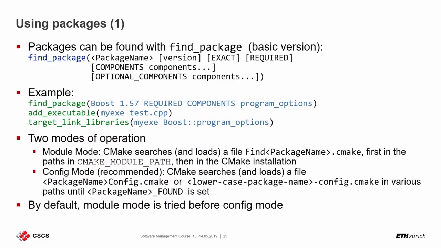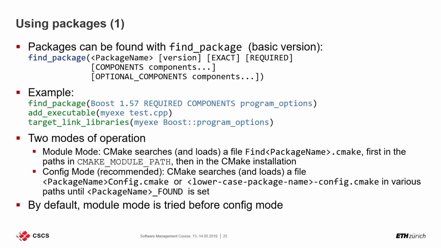Now, the next big thing where CMake helps a lot is when you have dependencies on some other packages. Because if you don't have some package managing functionality, what you would usually do, you need to find the include path and the library path and put it explicitly in your makefile, whatever.